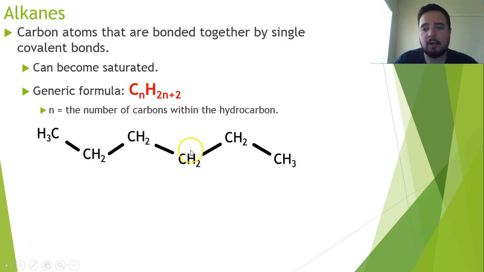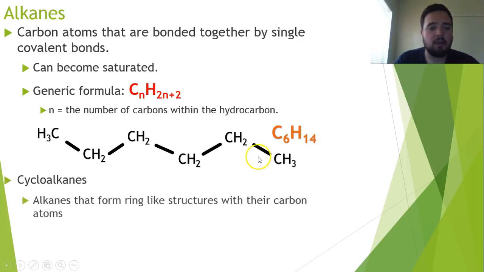Since they're all singly bonded together, we can use the alkane formula. So it'd be C6, and 6 times 2 is 12, plus 2 is 14. If I count these up, it should be 14 hydrogens. So it's C6H14.